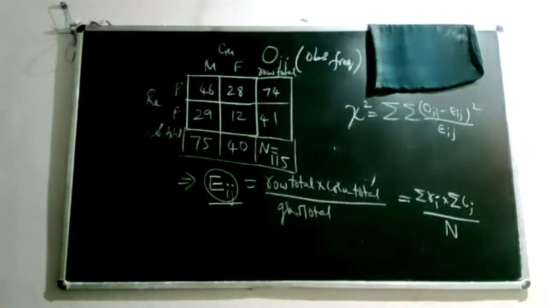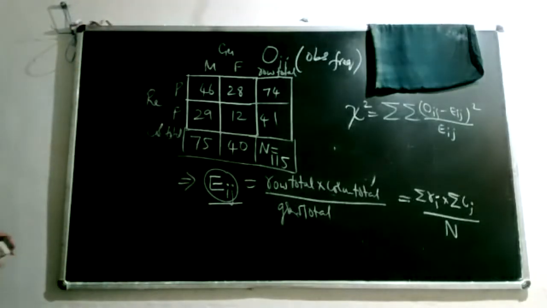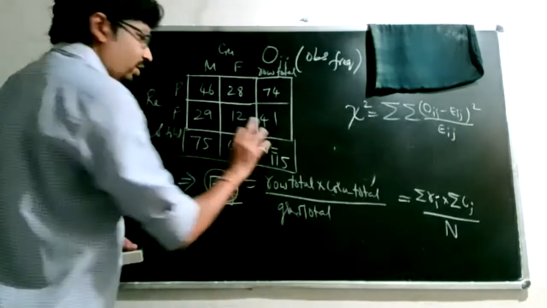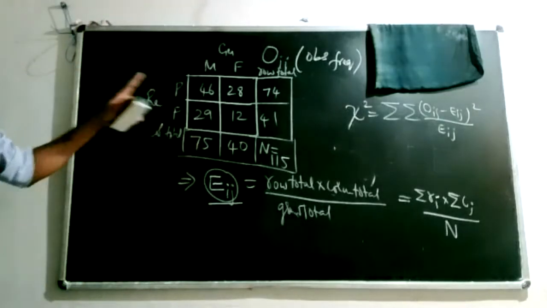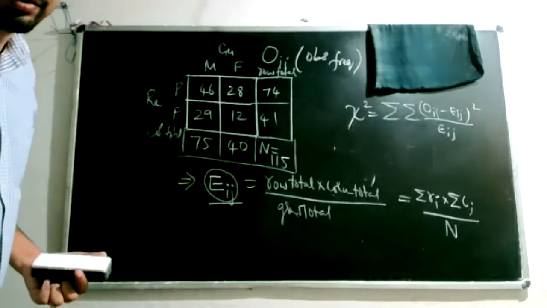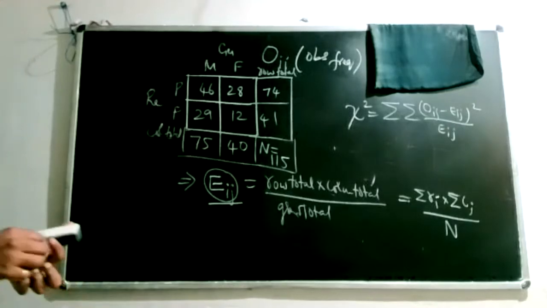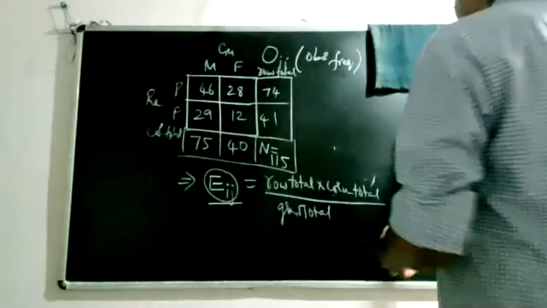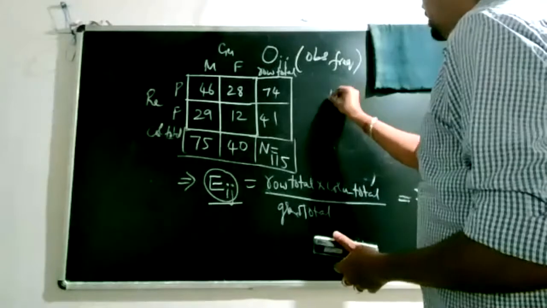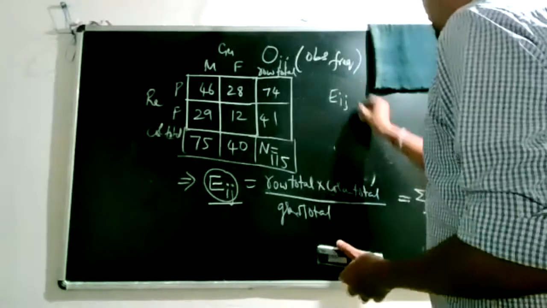So sum all the values of the row totals, all the values of the column totals, that is your N. So you have your Oij table always given to you. You have to just compute Eij. To do Eij, you will first obtain the row totals and column totals.